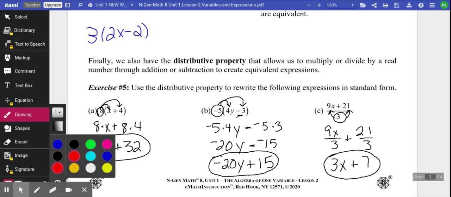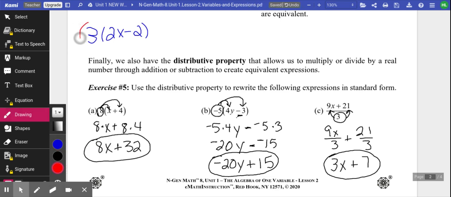Okay. So I'm going to distribute the 3 to both of them. So then I do 3 times 2, which is 6x. Bring down the minus. Then 3 times 2 is 6. So I'm left with 6x minus 6.